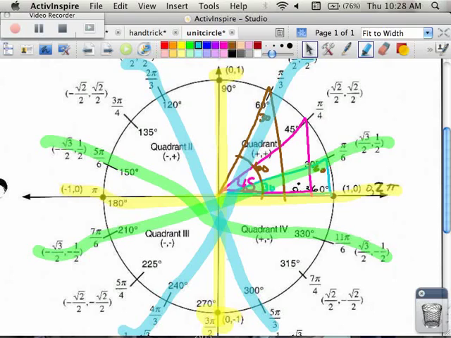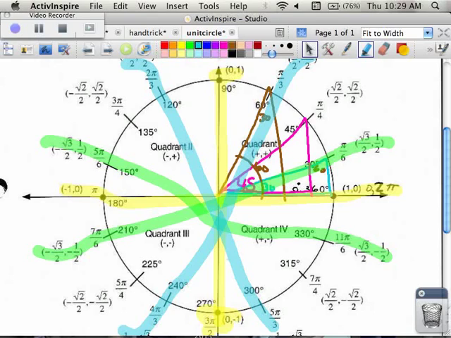Okay, so 30 off the x, 30 off the y. The ones that were off the x-axis, I want you to notice something. In the green, notice how all of them are pi over 6 things. Did you notice that? Yeah. All the green highlights are pi over 6 angles, if that helps you.